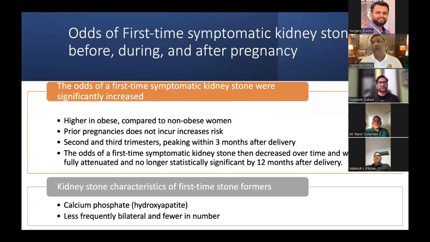So what are the odds of forming a stone, the first incidence of stone, during pregnancy? Well, in women who are obese, the incidence is relatively higher. Prior pregnancy does not increase the risk of urolithiasis. As I've said, the second and third trimester is the peak period.